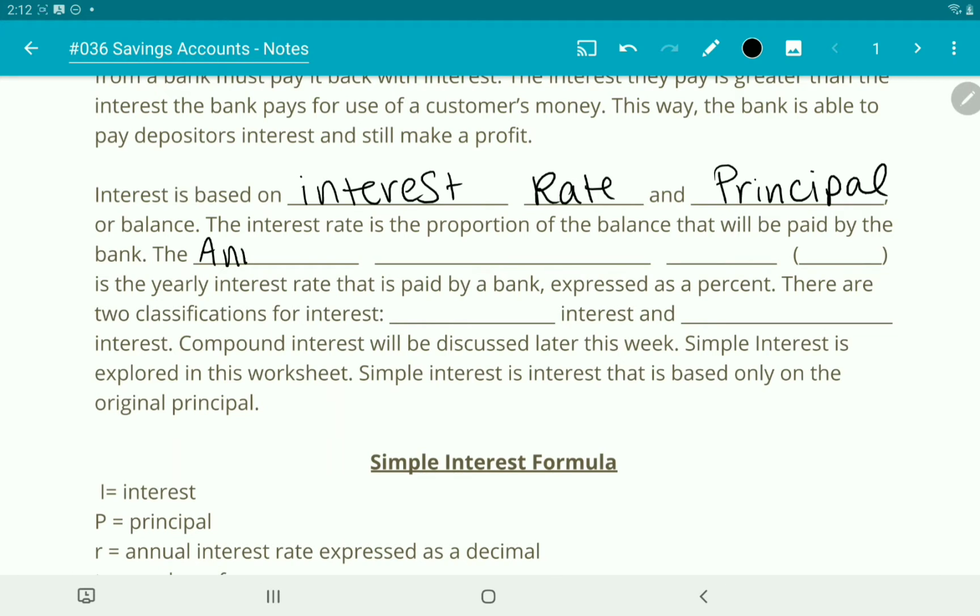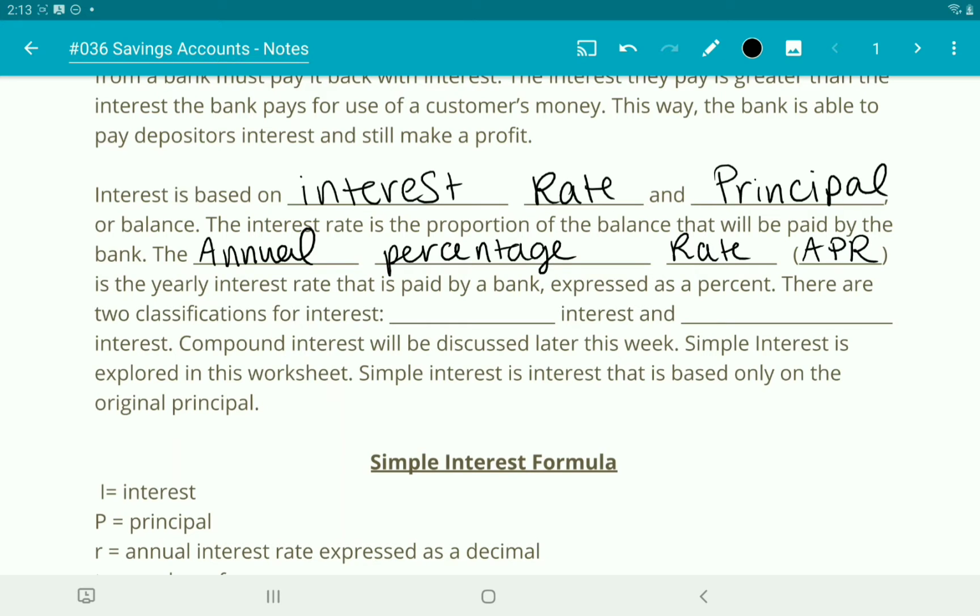So the annual percentage rate, or APR, heard that before I'm sure, is the yearly interest rate. So every year it's this much money is paid by the bank, this percentage.